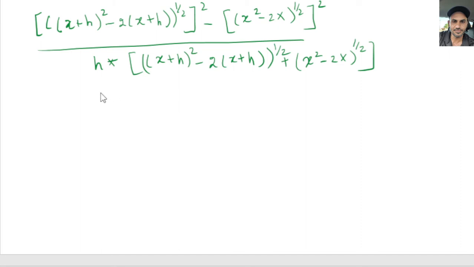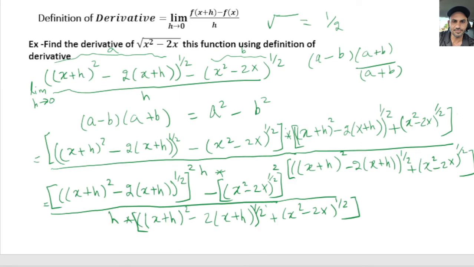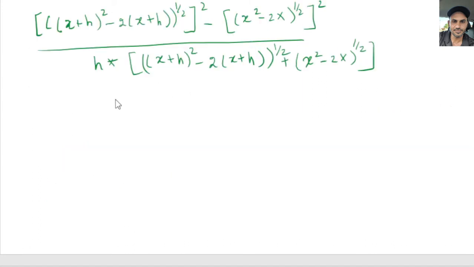Okay, so that's what we had. I'm just going to go back to my previous slide and make sure this is correct. All right, this is good. Now we're going to simplify this. And remember, the limit as h goes to 0 is there as well.